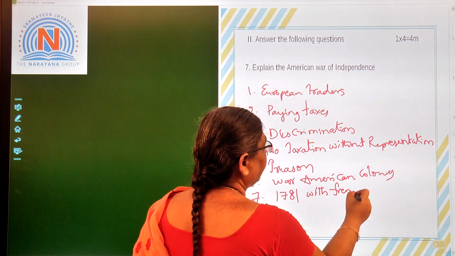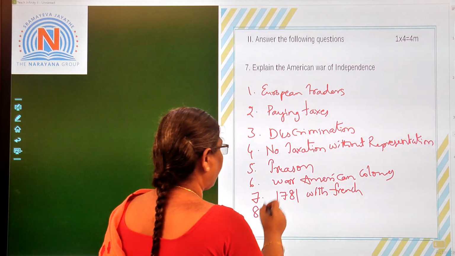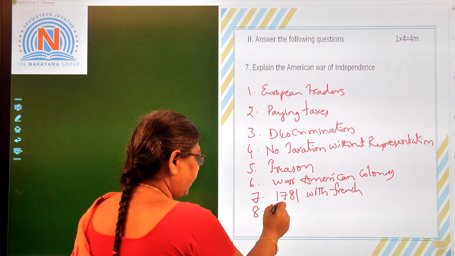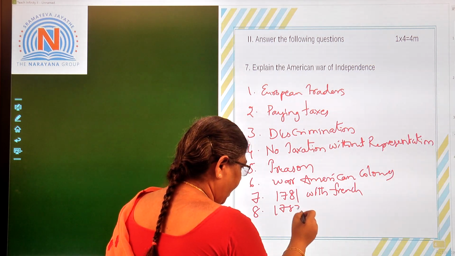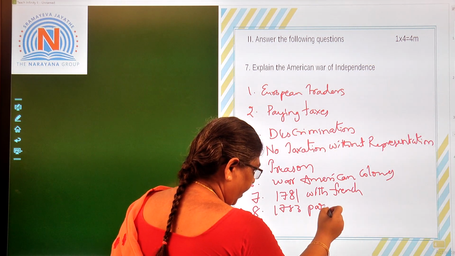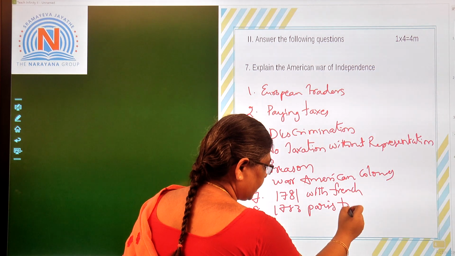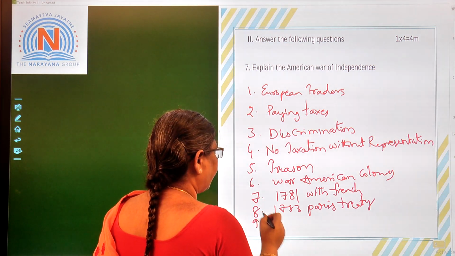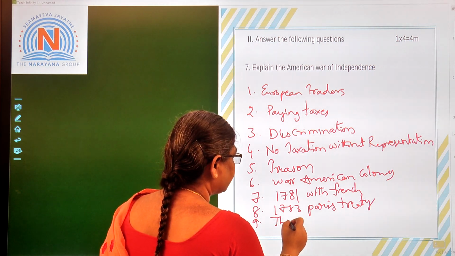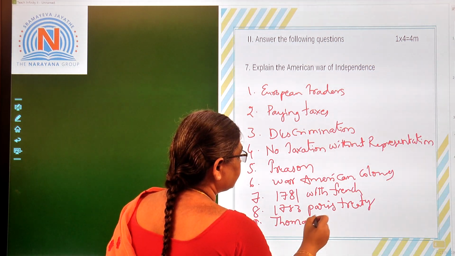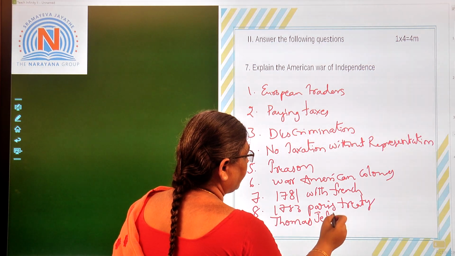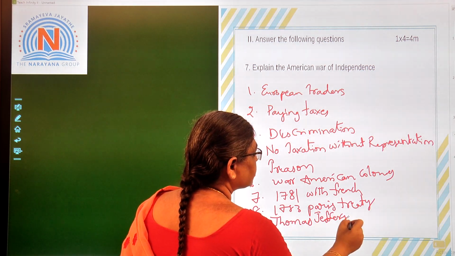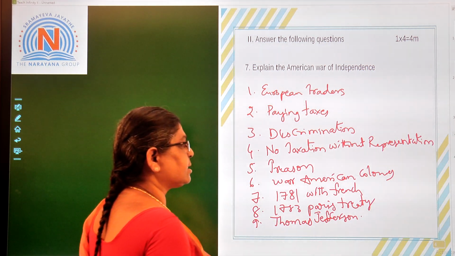In 1783, the Paris Treaty was signed. With this treaty, America won independence, and the independence declaration was made by Thomas Jefferson. This is all about the American War of Independence, children.